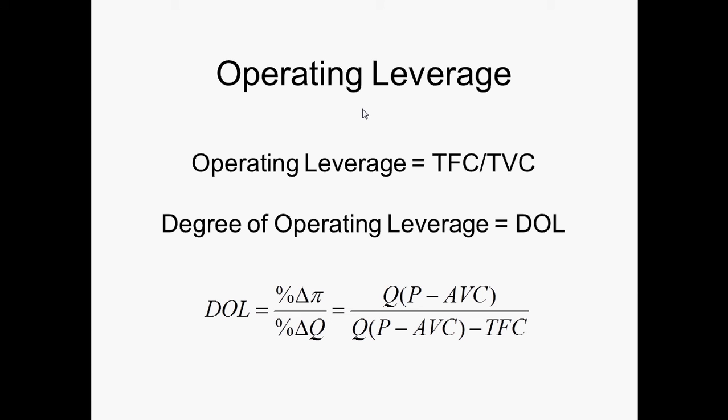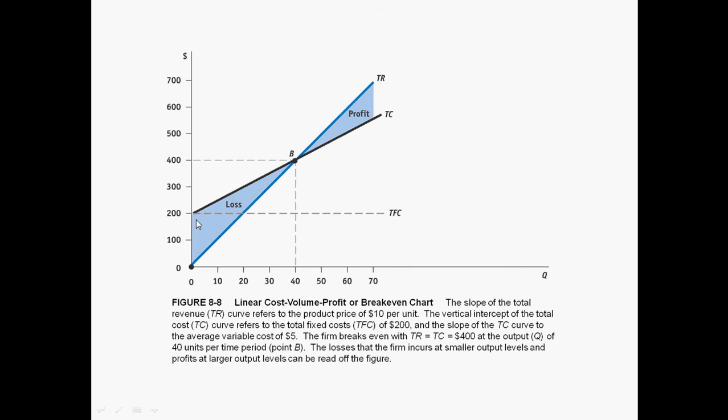Another concept you can think about is operating leverage: total fixed cost divided by total variable cost. And so you can think about what this would mean if this was really high or if it was really low. In the example here, total fixed cost is 200, total variable cost is 200.